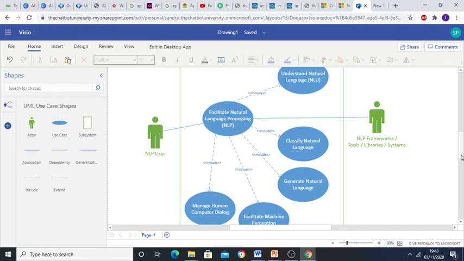They are in charge of managing human-computer dialogue. So when we talk about systems, what are we talking about? How does it work? I want to just quickly show you a diagram here.